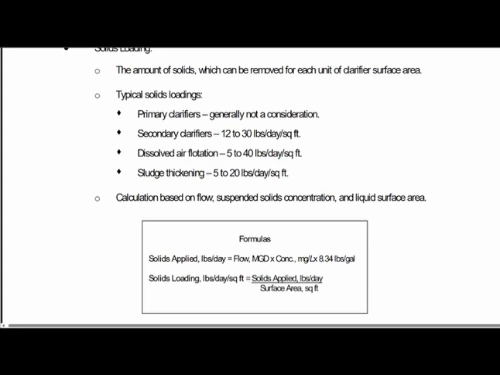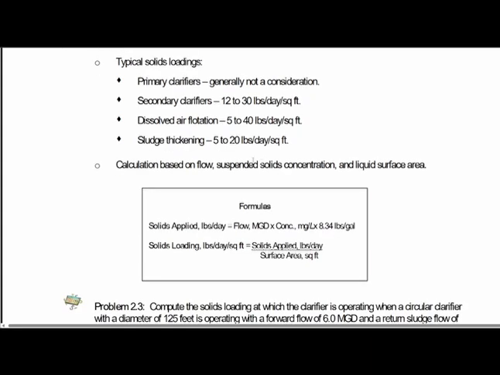And sludge thickening is 5 to 20 pounds per day. And it's going to run us through another formula. It is flow in millions of gallons per day times concentration times 8.34 pounds.